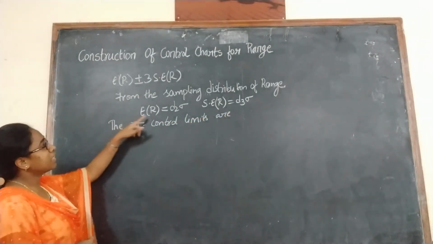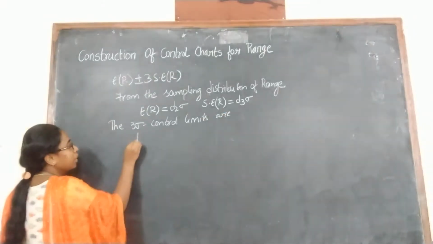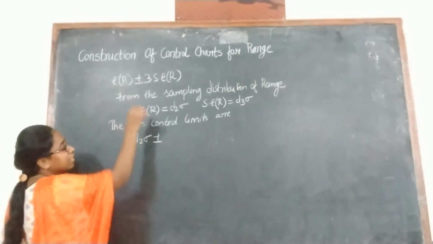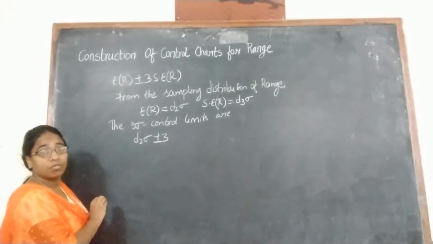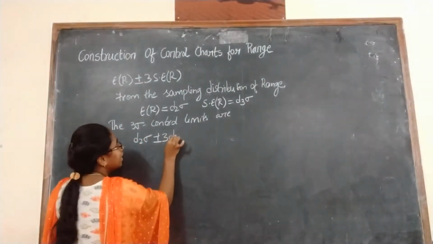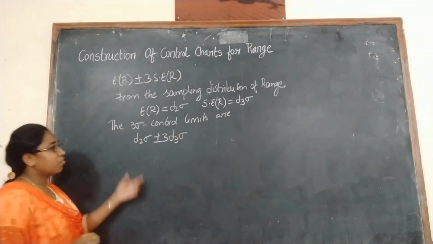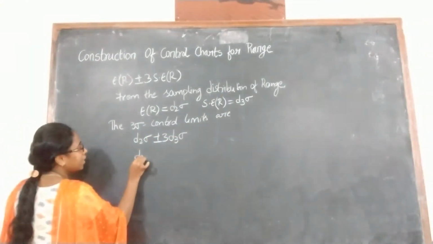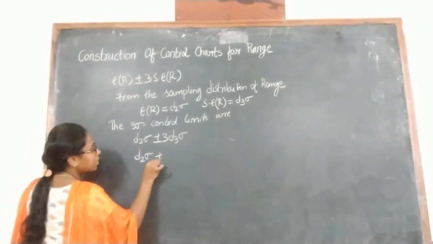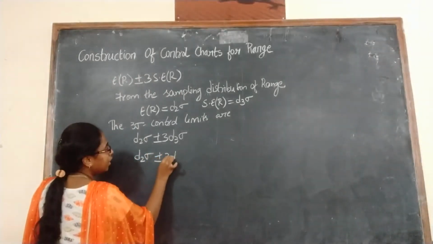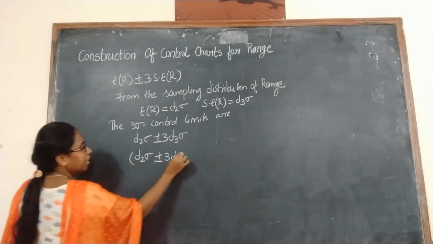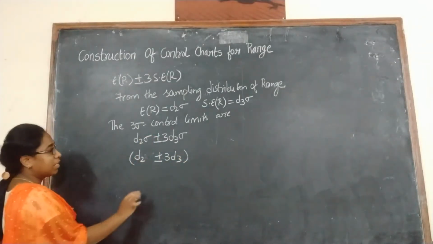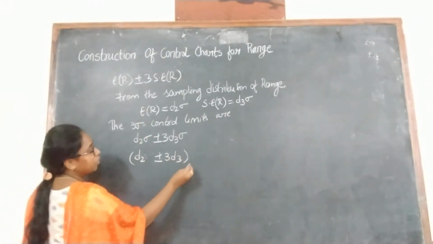What is the expectation of R value? d2 sigma plus or minus 3 into standard error of R, which is d3 sigma. From these two terms you can take sigma common, so you will get d2 plus or minus 3 into d3, times sigma.